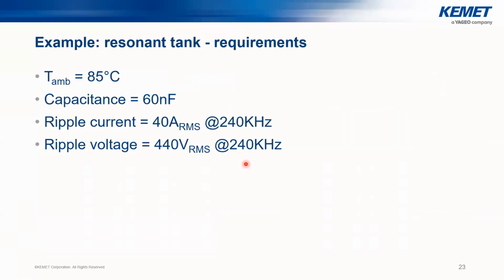So let us now take a typical example and see what the selection of the capacitor would be to reach this requirement. We have, for instance, an example for a resonant capacitor requiring 60 nanofarad, and it needs to fulfill 40 amps at 200 kilohertz and 440 volt RMS at 240 kilohertz, and the ambient temperature here is 85 degrees.